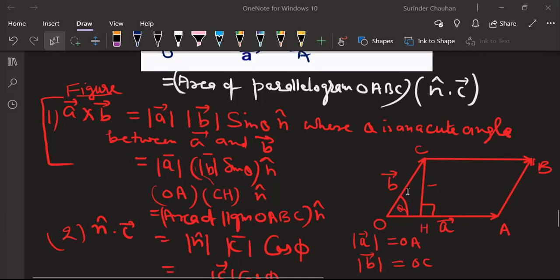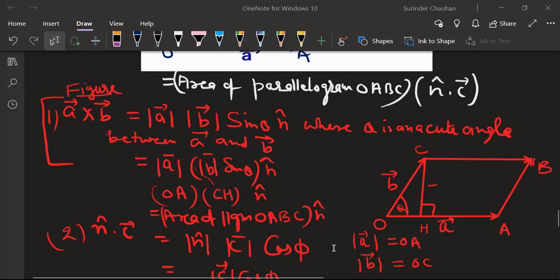Therefore, CH is equal to OC sin theta, where OC is the magnitude of vector B. So CH is B sin theta.